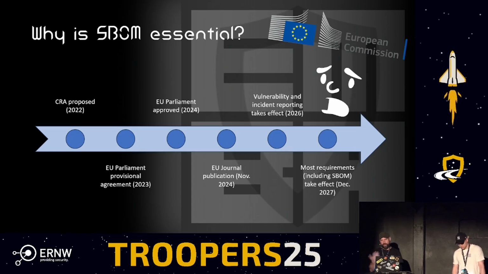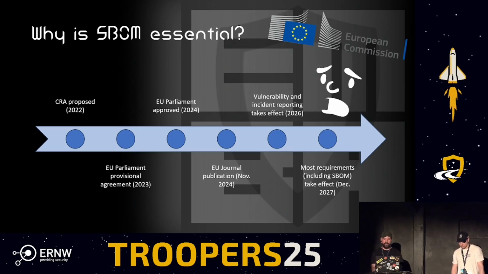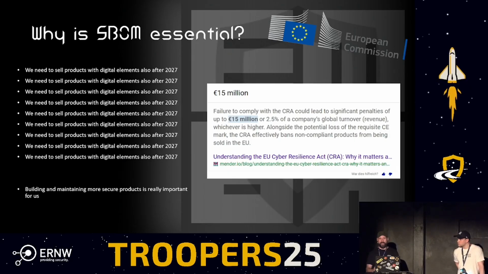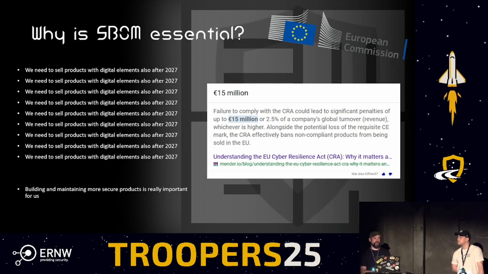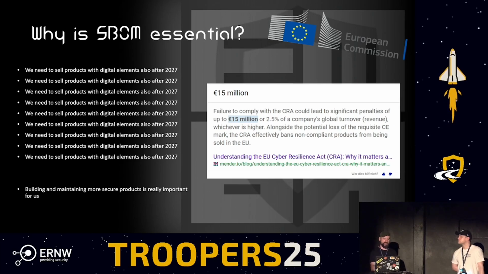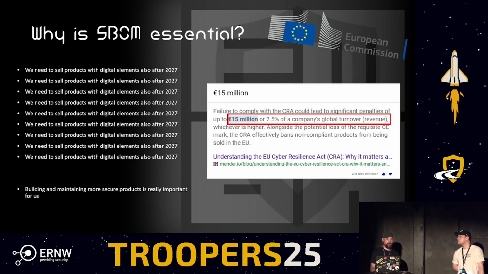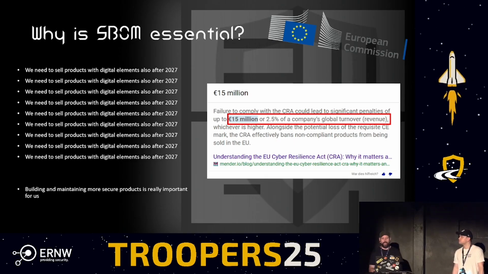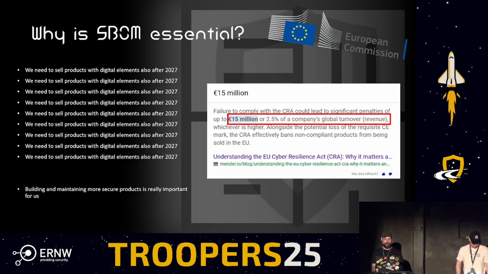The whole Cyber Resilience Act gets effective in 2027, by the way. And yeah, think about twice about not fulfilling the Cyber Resilience Act, because that could get quite expensive. It starts with 15 million euros penalties, and it goes up to 2.5% of the global revenue of your company. So think about twice.